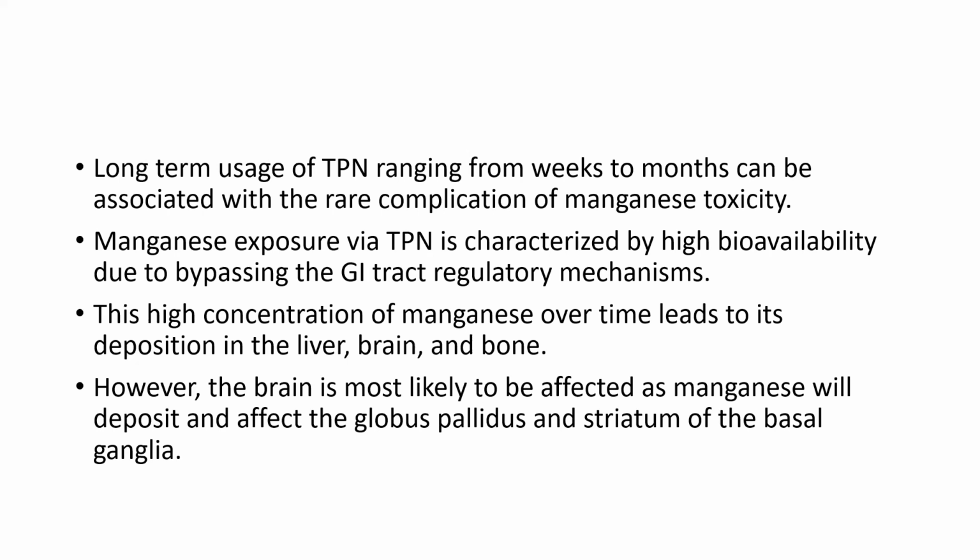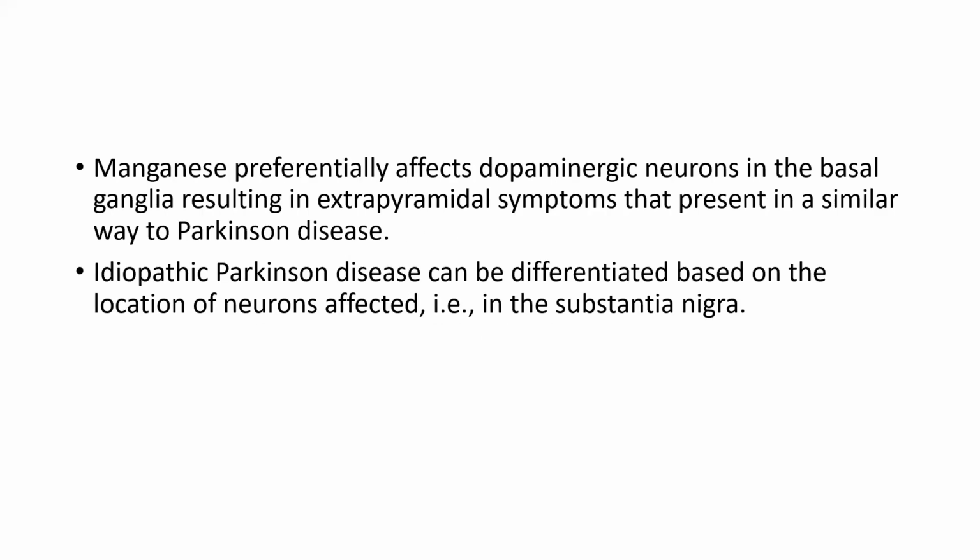However, the brain is most likely to be affected, as manganese will deposit and affect the globus pallidus and striatum of the basal ganglia. Manganese preferentially affects the dopaminergic neurons in the basal ganglia, resulting in extrapyramidal symptoms that present in a similar way to Parkinson disease. Idiopathic Parkinson disease can be differentiated based on the location of the neurons affected, that is in the substantia nigra.